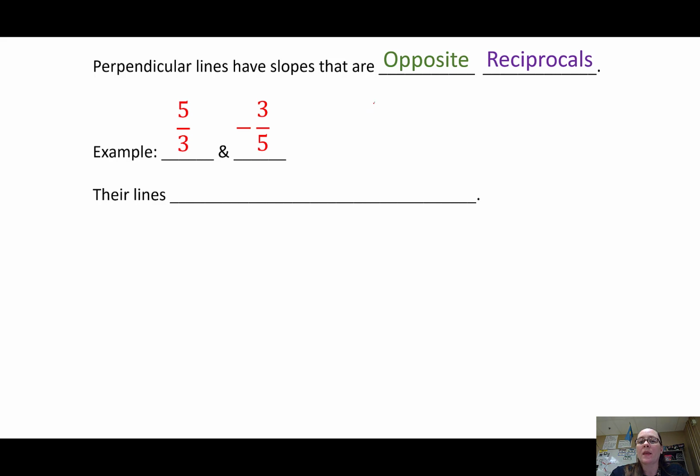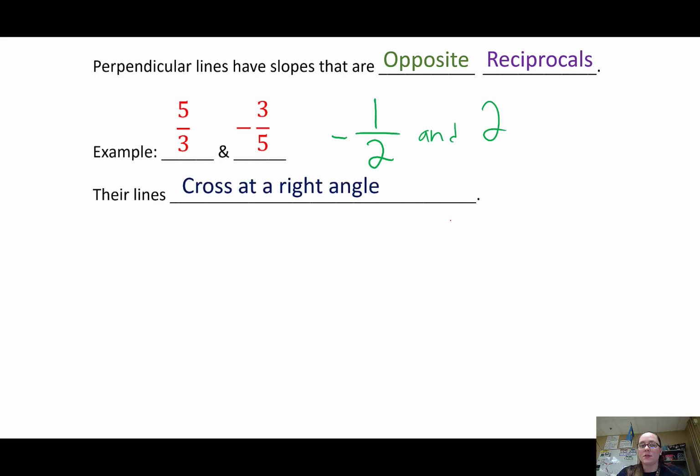Another one, if I have -1/2, my opposite reciprocal is 2/1, or just 2. So perpendicular lines have slopes that are opposite reciprocals. And when we look at their graphs, they're going to cross at a right angle.